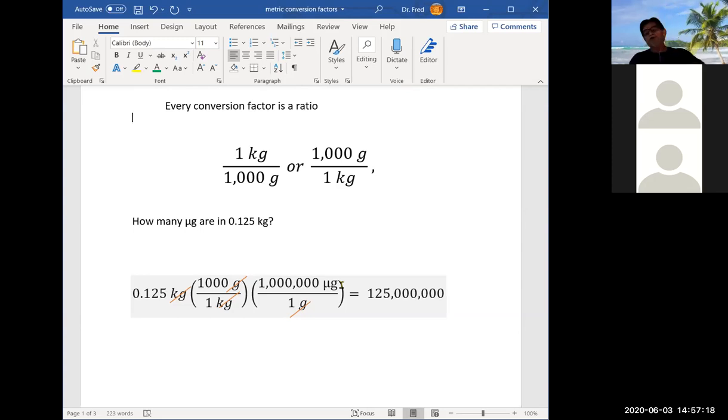Now, Sonia, if I were to write that number in scientific notation, how would it look? What would you say? I know the power would be 6. So would it be 1.25 times 10 to the 6th?